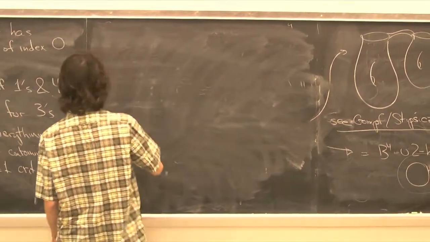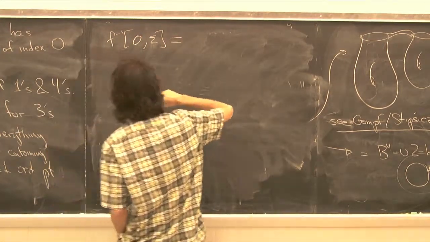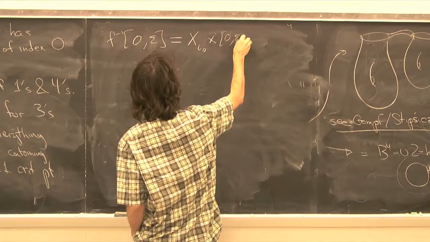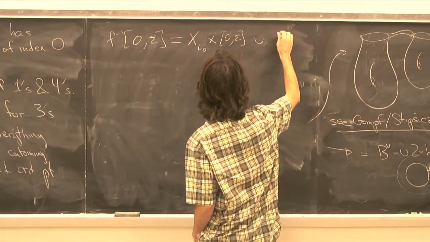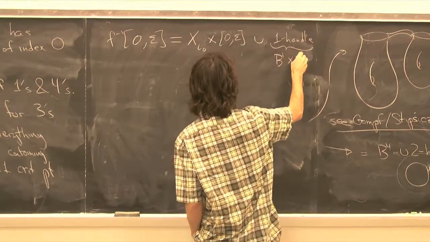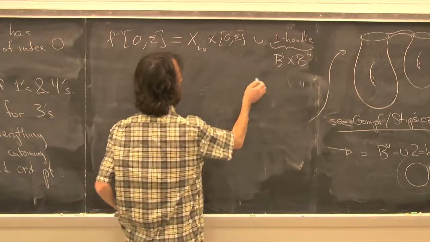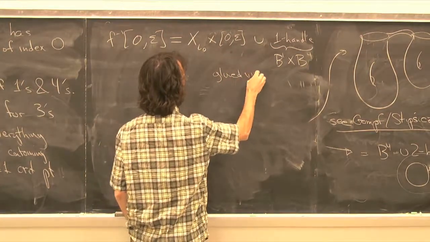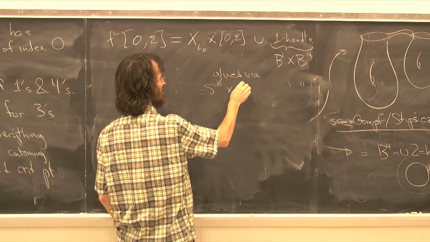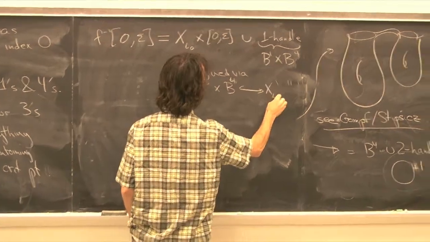So F inverse of [0, epsilon] is, if we morph it, equal to XL0 cross an interval [0, epsilon], union a 5-dimensional 1-handle. A 5-dimensional 1-handle means B1 cross B4, and it's glued to the top end of this via an embedding of S0 cross B4 into XL0 cross epsilon.